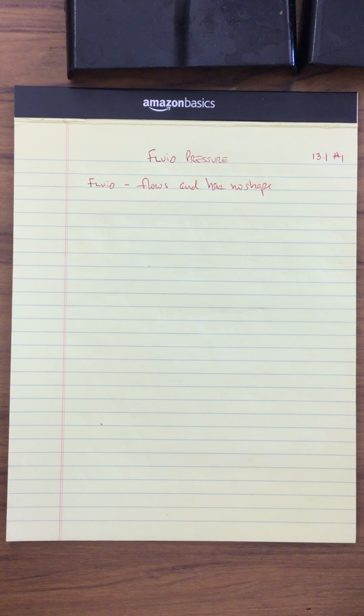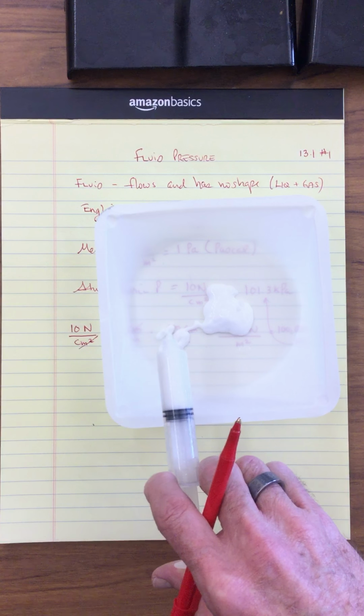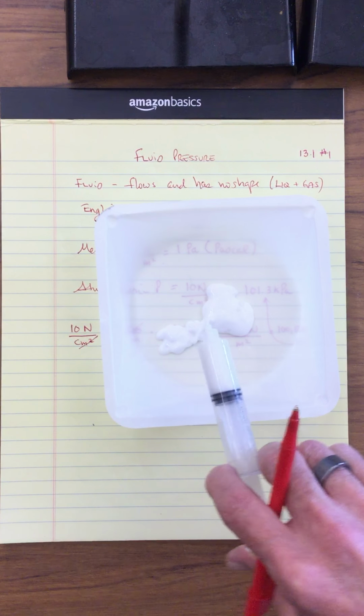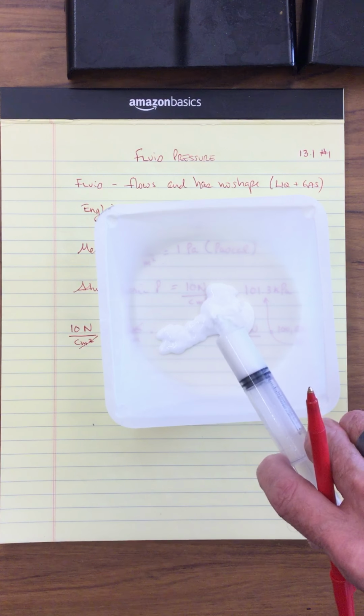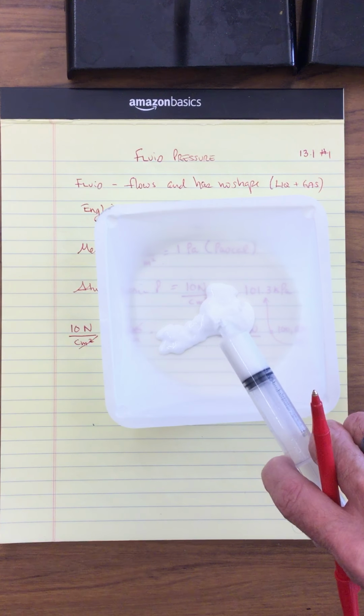Hopefully, can you see that? I'm pushing on one end, and magically, the glue is coming out the other side. How does that happen? That happens because of Pascal's principle.